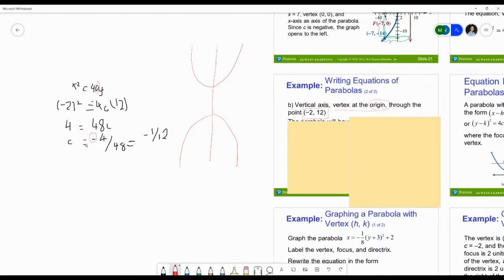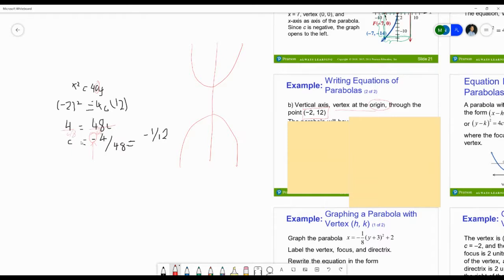Why is this negative? Because I think I moved the 4 to the right side. No, you didn't have to move the 4 to the right side. You are dividing both sides by 48, and the c is by itself, so 4 over 48.